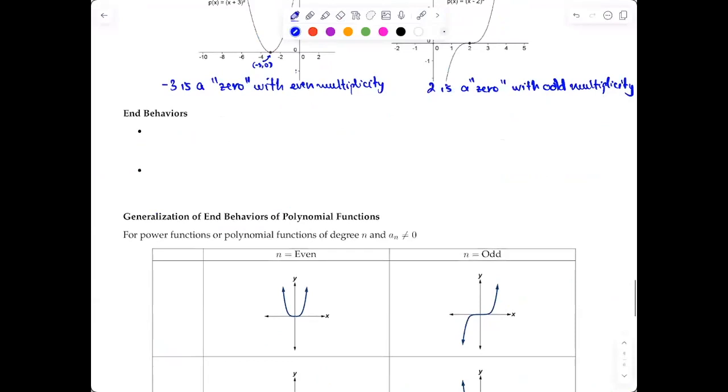So the end behavior of a polynomial function goes to either negative infinity or positive infinity.